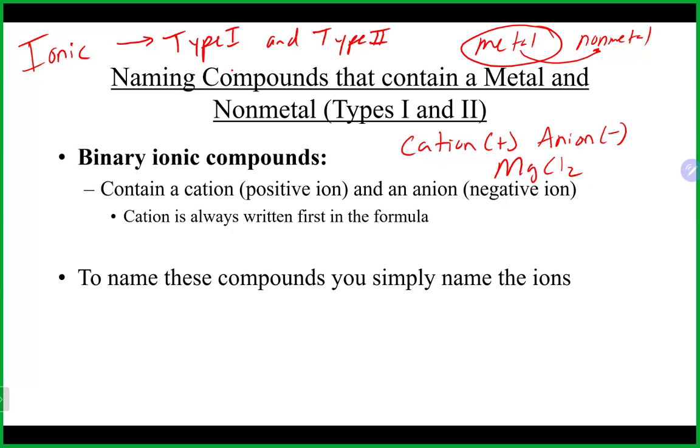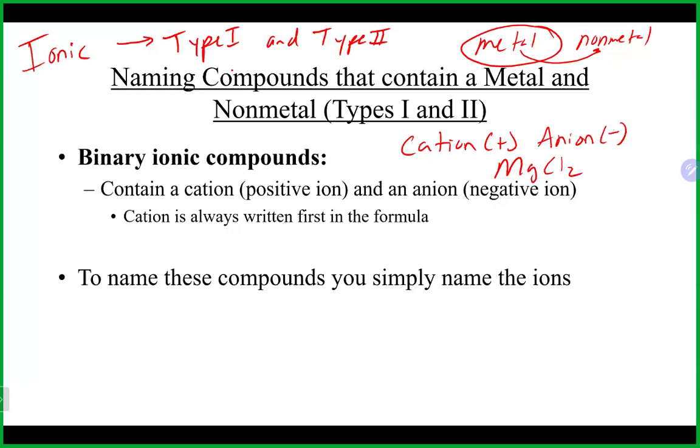Before we get specifically into type 1 and type 2, let's talk about how we name ions by themselves. If we just have some ions by themselves, things with charges, how do we go about naming them? If you have a cation, which is positively charged, like H+, like Na+, like Ca2+, we simply use the whole name of the element.